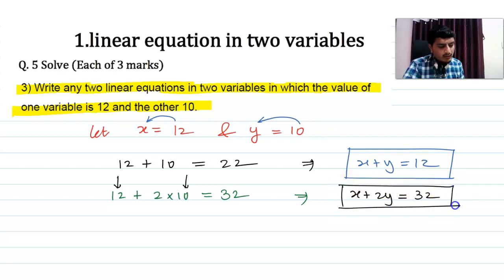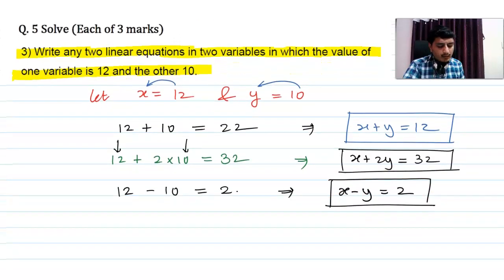We may form other numerical equations also by using 12 and 10. Likewise, suppose we have 12 minus 10 equals 2. Replacing 12 by x and 10 by y, we get the linear equation x minus y equals 2.